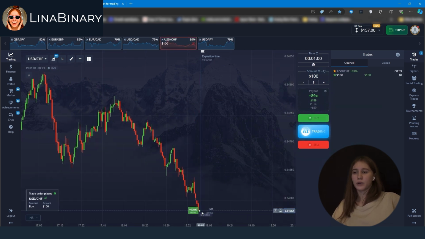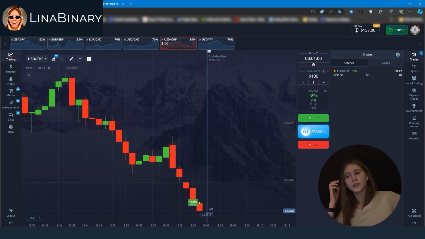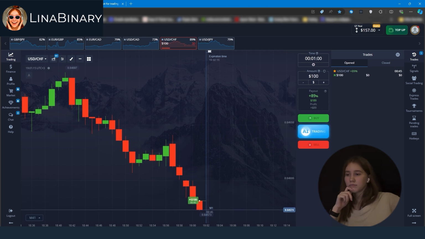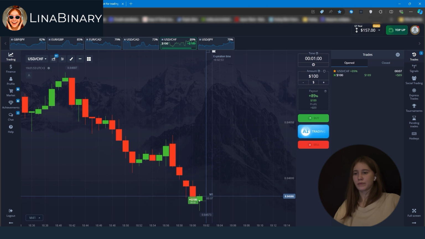Then we open our deal up, and we see some decrease, but it recovered, and the candles started to go down. With some return of the market, my bot was correct. So 6 seconds left. 5.